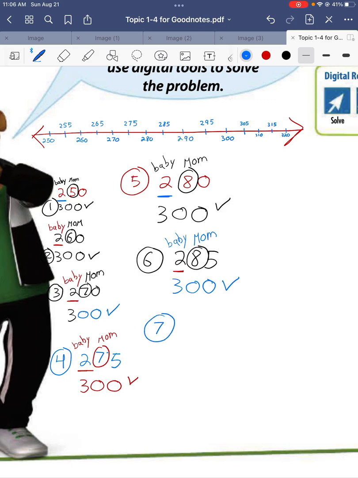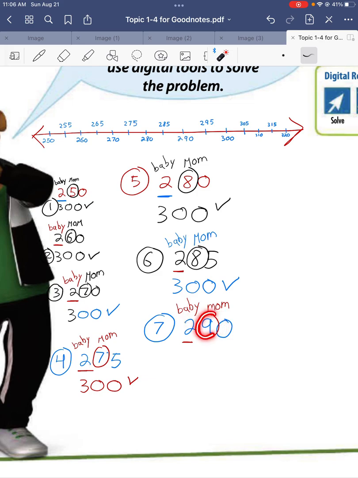Next we have 290. Okay, so again, I underline the digit to the left. I circle the digit to the right. This is the baby. This is the mom. If the mom is 5 or more, baby rounds up.